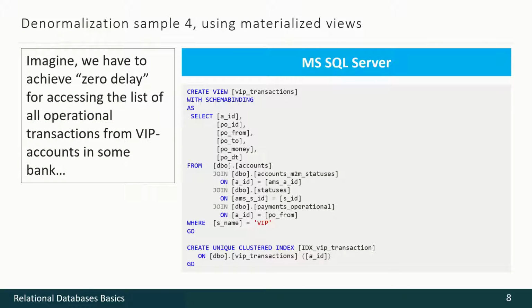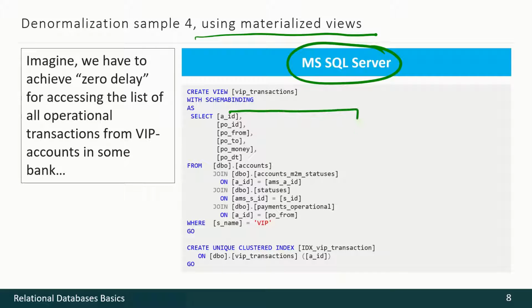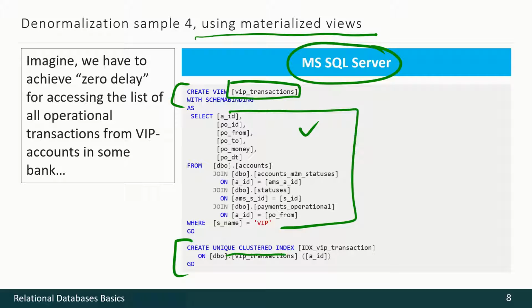And the most interesting approach, using materialized views. This is how it may look in Microsoft SQL Server. This is the initial query. Of course, we may execute it as is, but then we create a view, which has to be named, so this is the name of the query. And then we create a clustered index on the result of this query, and that forces the DBMS to store the data in some temporary table.